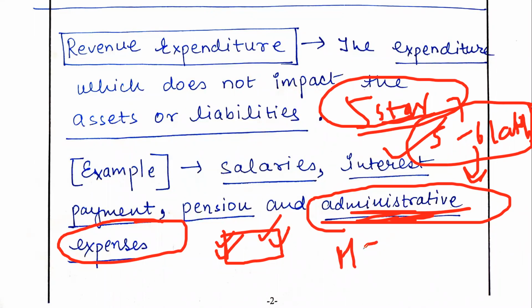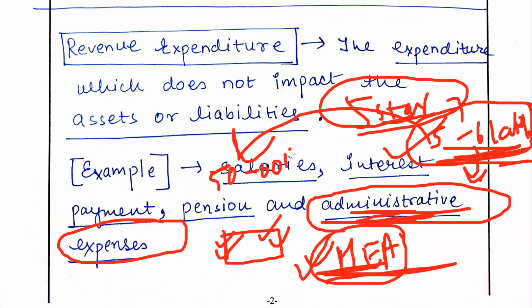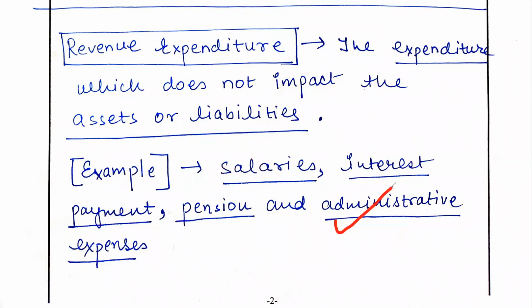MEA, Ministry of External Affairs, even has a Bikaner wala, or I'm not sure, Haldirams or Bikaner wala inside its compound. So that 5-6 lakh rupees per night has come drastically down to 50 to 60,000 per night if they were staying. So what was that? That was administrative expenses, or the move to open a canteen was done to reduce revenue expenditure.